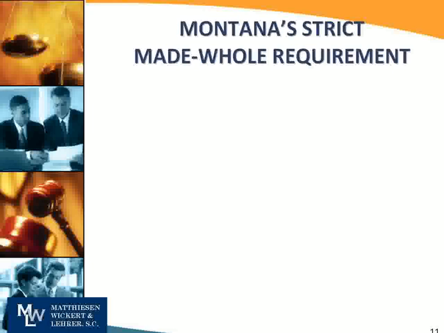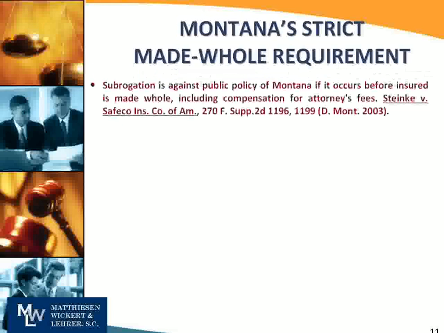Technically, Montana is not an anti-subrogation state to the extent that there's a statute that bars subrogation per se, but it applies a very, very strict version of the made whole rule. Essentially, what Montana says is that subrogation is against the public policy of Montana if it occurs before the insured is made whole.